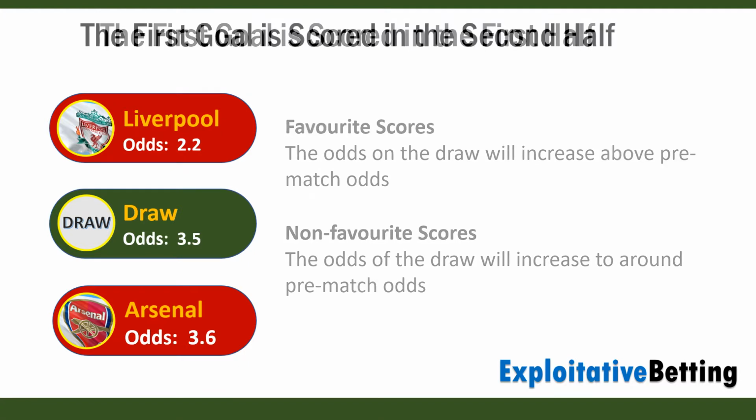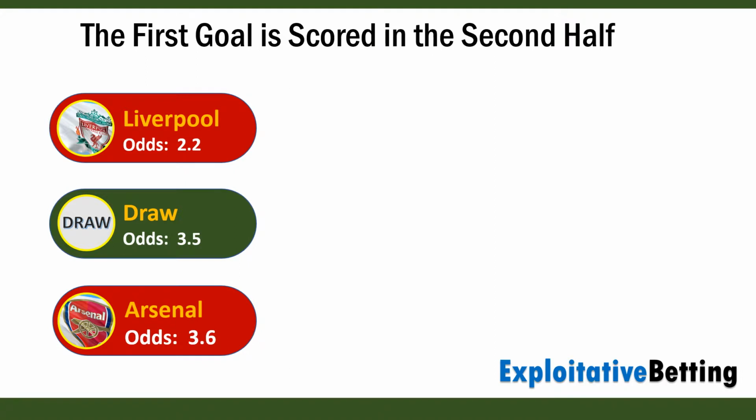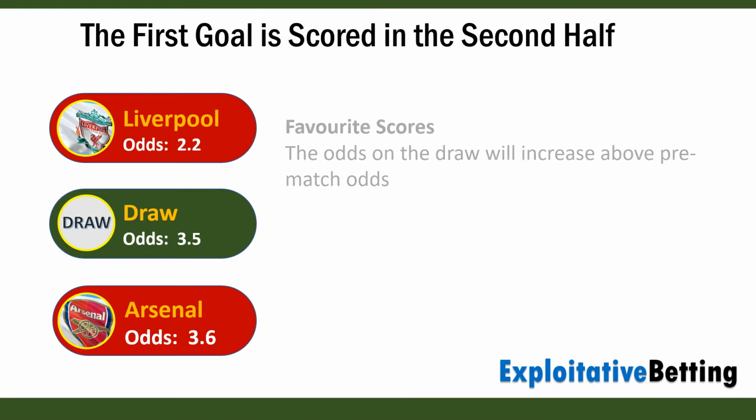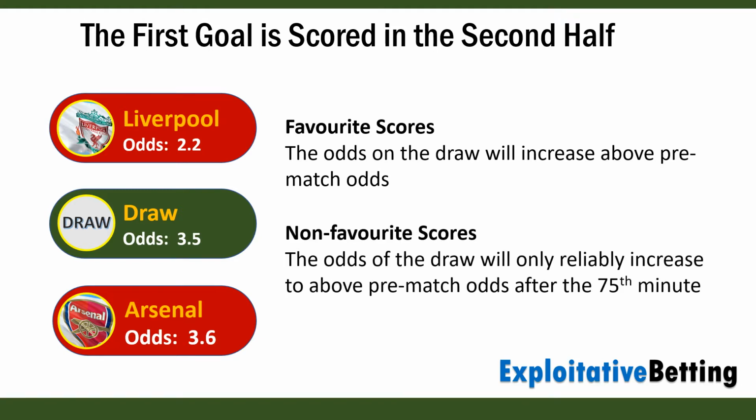If the favourite scores the first goal of the match in the second half, the odds on the draw will still increase above pre-match levels. And if the non-favourite scores early in the second half, the odds on the draw may increase above pre-match levels, but it's not guaranteed.